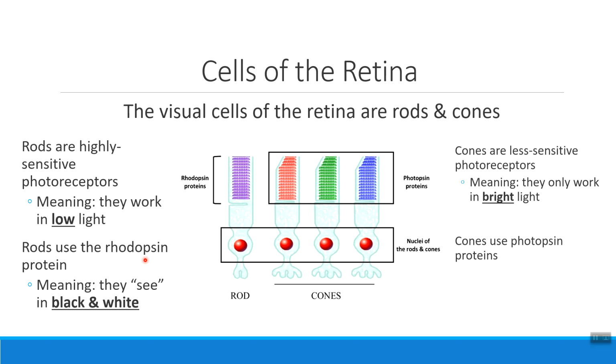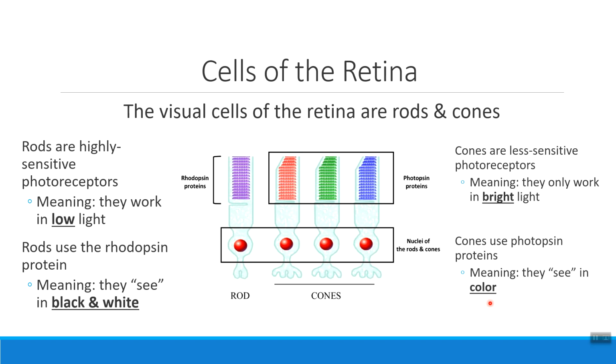So the rhodopsin protein only detects whether there is or is not light. Doesn't tell me anything about the color, it just tells me if it's there or not. This means that rods only see in black and white, whereas cones, because they have various different photopsin proteins, are able to help us see in color.